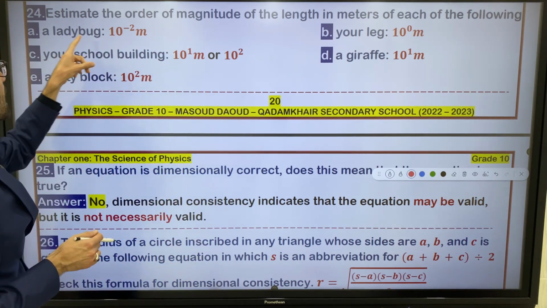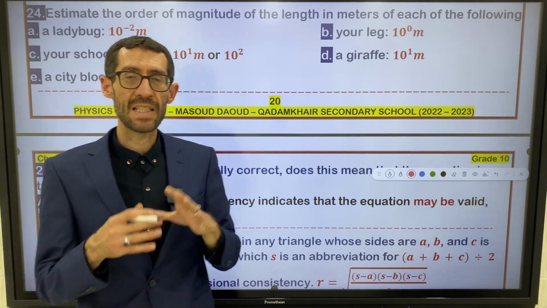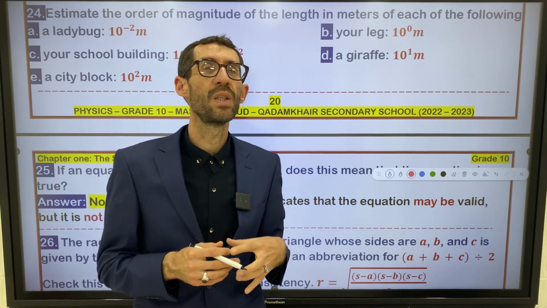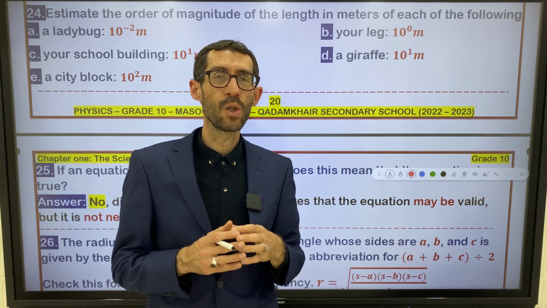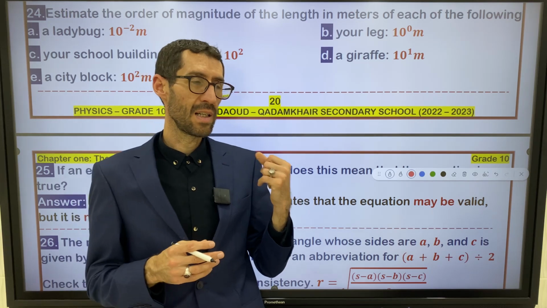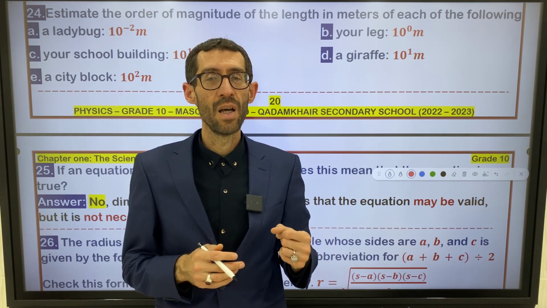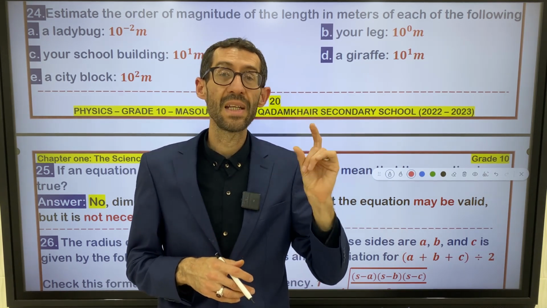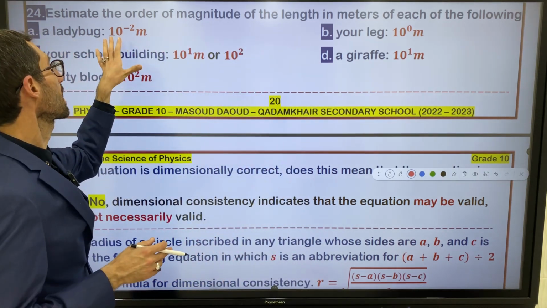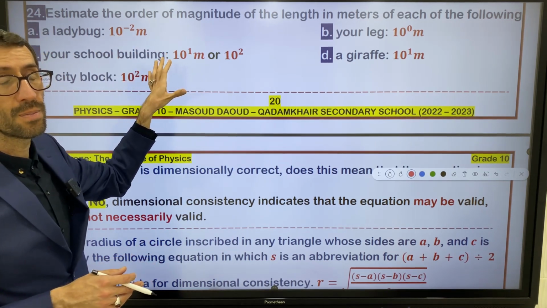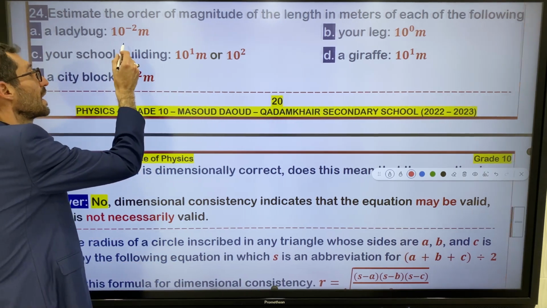For example, a ladybug. Let me tell you something about insects in general. Whenever you hear the name of any insect, and the question wants you to estimate the order of magnitude of the length of this insect, think about 10 to the power negative 2. The length of the insect is written as 10 to the power negative 2, which means centi.